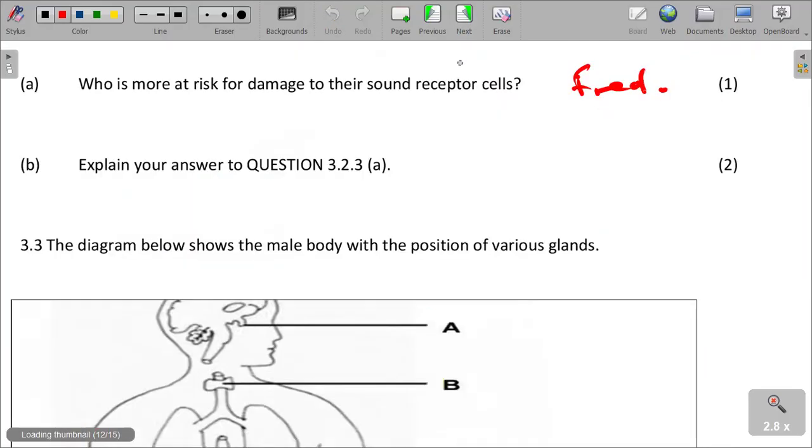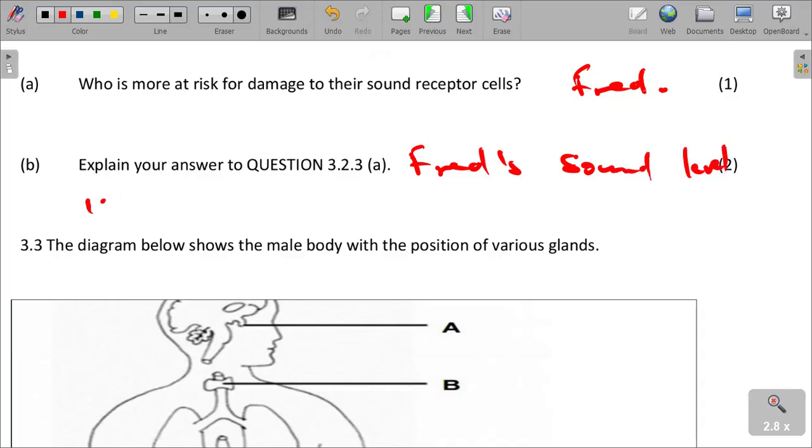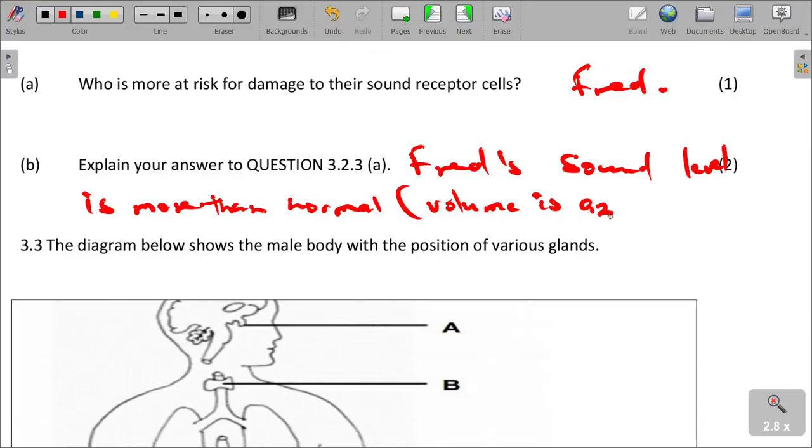So Freddy's sound level is more than normal, which we are saying the volume is given there that it is 92 dB.